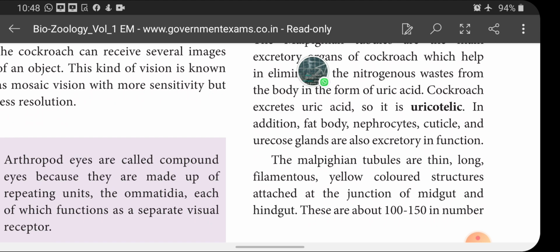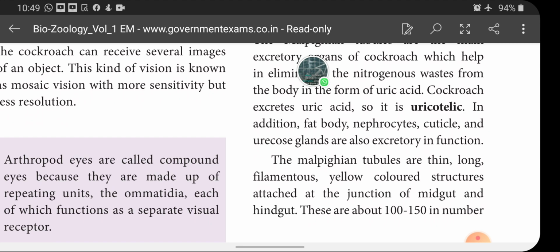The animal which excretes uric acid as its excretory material is called uricotelic. We human beings excrete urea as the nitrogenous waste material, so we belong to ureotelic. Fishes excrete ammonia as their nitrogenous waste material, so they are called ammonotelic. So based on the excretory product we can name the animal.